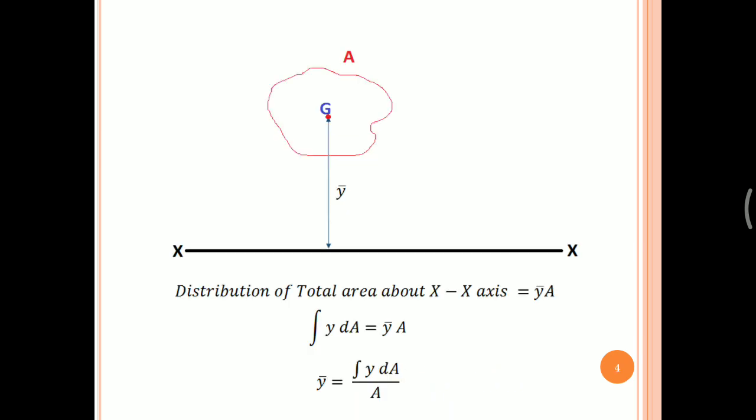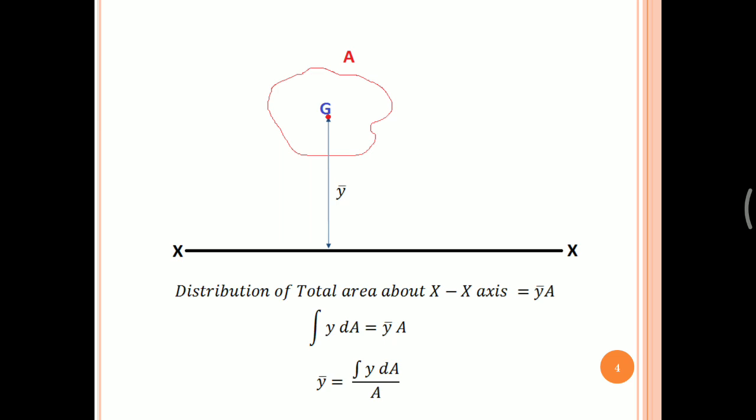Now, the same area I am considering as a single area, represented by capital A, and I have the same x-axis here. We are considering the same body as what we considered previously.